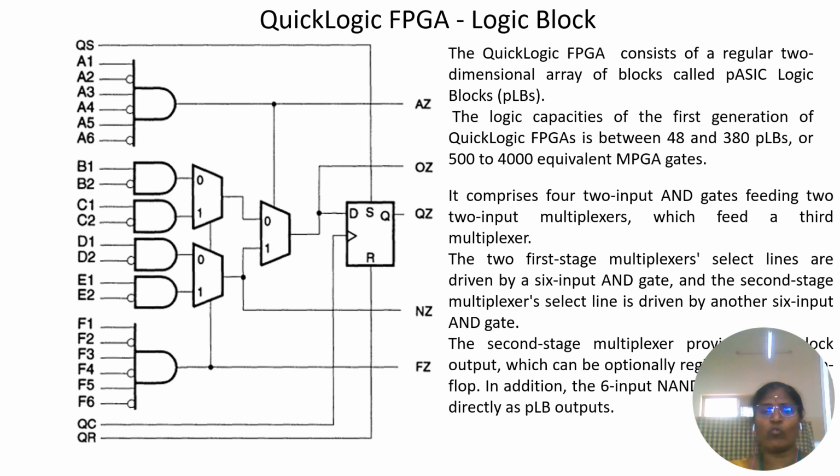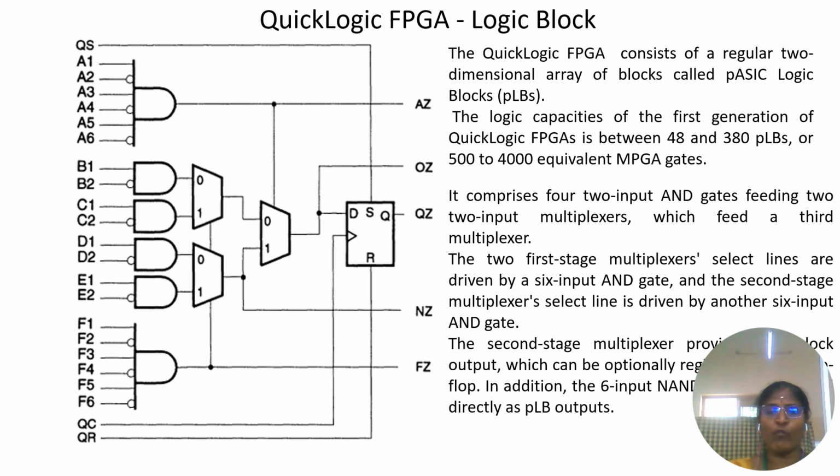The Quicklogic FPGA consists of a regular two-dimensional array of blocks called p-ASIC logic blocks. The logic capacity of the first generation of Quicklogic FPGA is between 48 and 38 PLDs, or 500 to 4000 equivalent gate array gates.